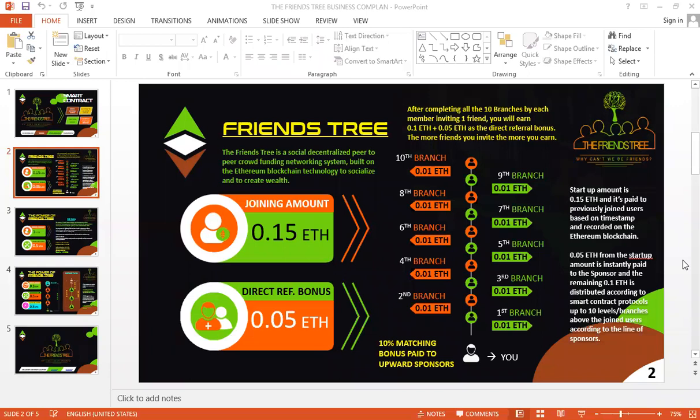The question I want to ask is pretty much about the entry. The entry fee is 0.15, as I know. But is it compulsory that I must have a referral before I go to the next phase with the 1 ETH? I just want to make a confirmation about that. Not compulsory.